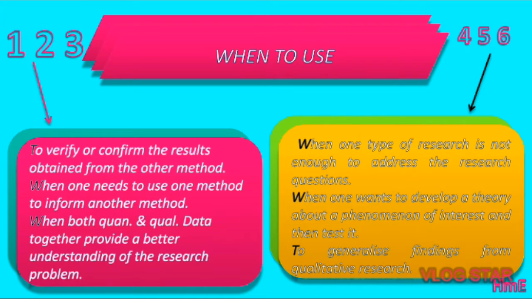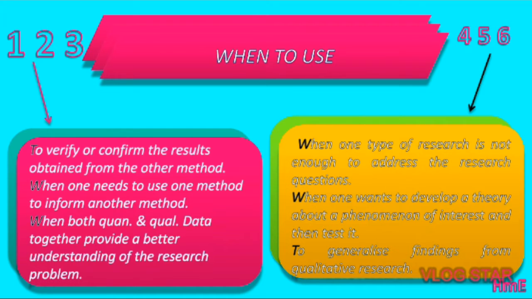Then when both quantitative and qualitative data together provide a better understanding of the research problem, if the researcher observes that both methods will help him have a better understanding of the research problem, then he can use the mixed method research design.